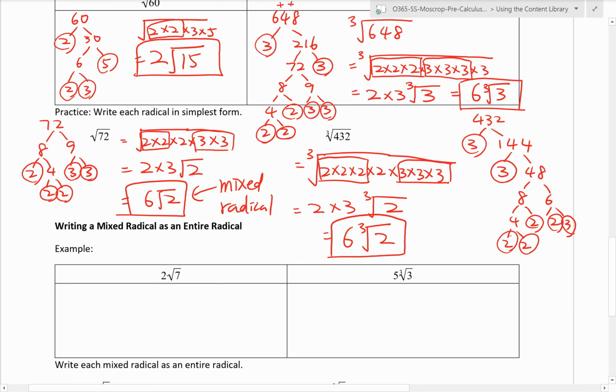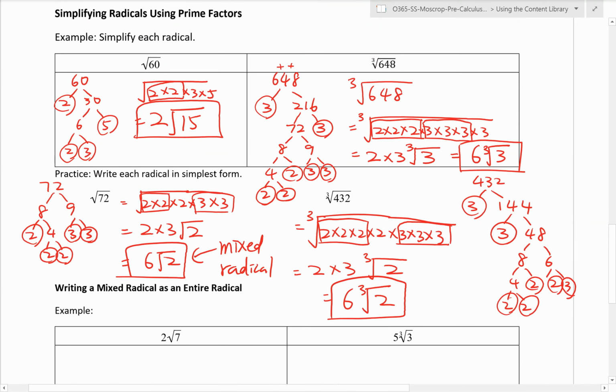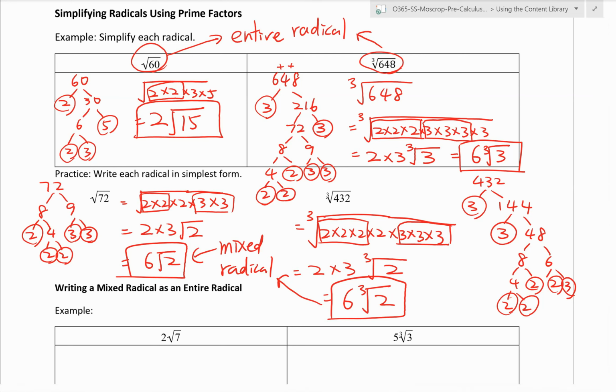Whereas this is called an entire radical because it has nothing else except just one single radical. That's an entire radical. This is also an entire radical. These are what we call mixed radicals. Again, mixed radical means it has a number outside and there's a radical. And entire radical is just one single radical, nothing else.